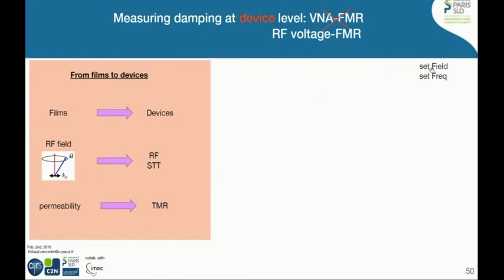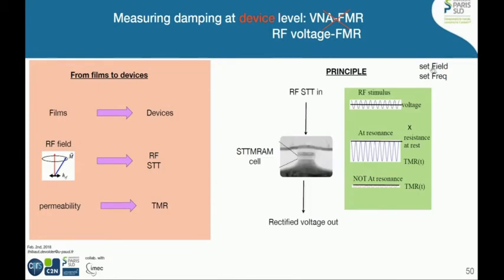You select a field, you select a frequency, you send the RF through your device, and you collect the rectified voltage. So you send a voltage. If the resistance is varying with time, so if the system hits a spin wave, the resistance will resonate, and if it's not at resonance, you will not measure any TMR.